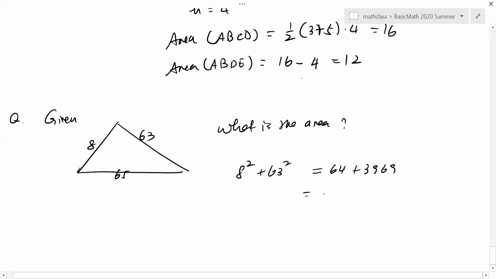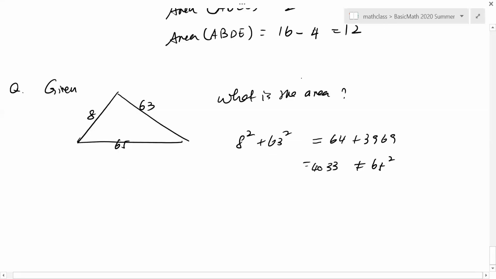Add them together, and I think it's 4,033. Right? Yes, 4,033. So this is not a perfect square. It's not going to be 65 squared. So it's not a right triangle.